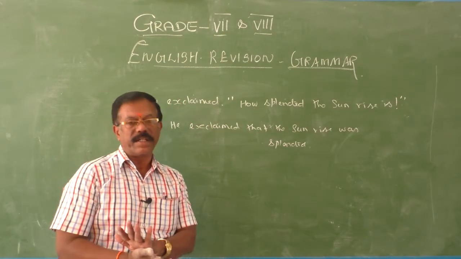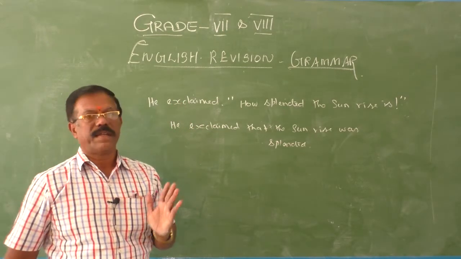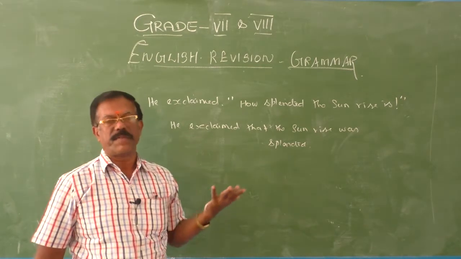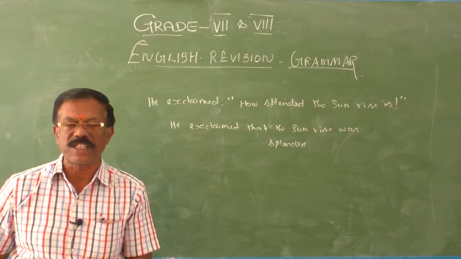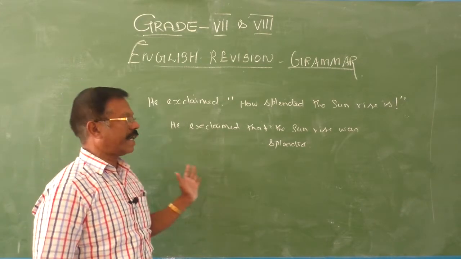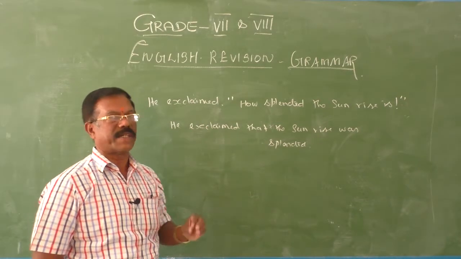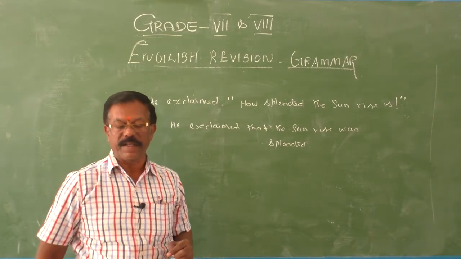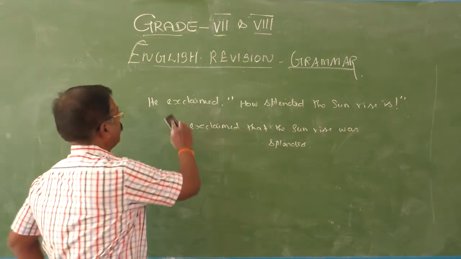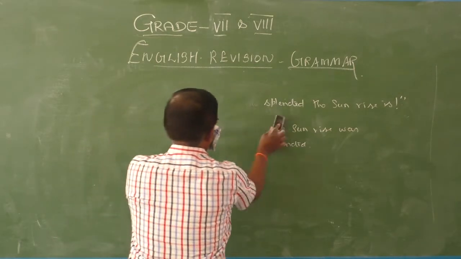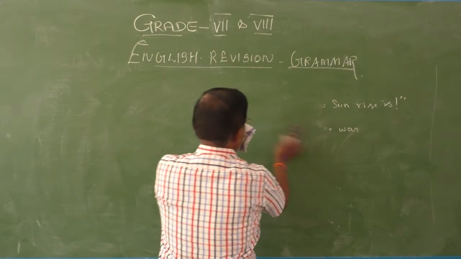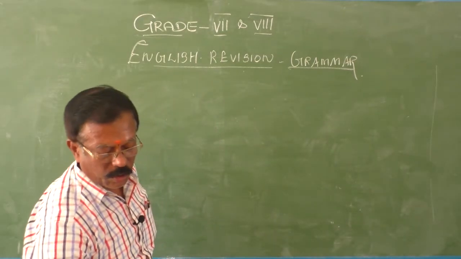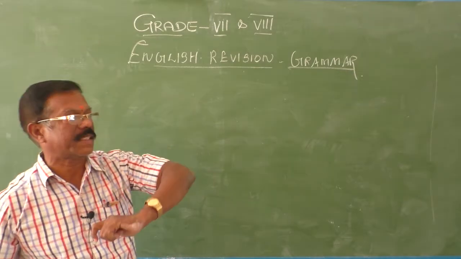Okay? Fine, children. So these are the principles and the rules that exist behind the transformation of sentences. When you are going to transform a given sentence from direct into indirect speech, these rules must be observed. And the last one, agreement of the verb with the subject. Here some procedures are there. We know that a verb should always agree with the subject.